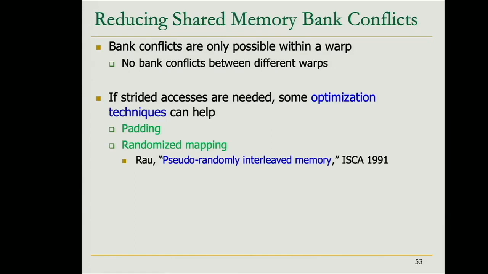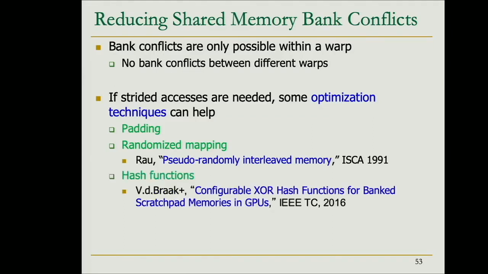Instead of having a linear mapping like address modulo 32, we can have more complex addressing, and if this addressing is handled by the hardware, the overhead of it is negligible, and you can get a lot of performance improvement, and this is actually something like that, but specifically applied to GPUs.